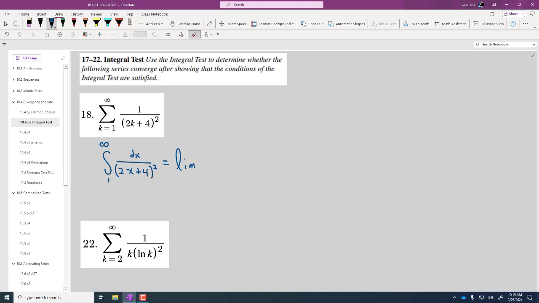So we take a limit by going from 1 to b, and we let b go to infinity, and we know that we're going to get convergence here, right? We've already shown that 1 over x squared converges. 1 over x squared has an area that's finite. Now we just have to go through the math. So we're going to pull the denominator up to the numerator. So we have that.